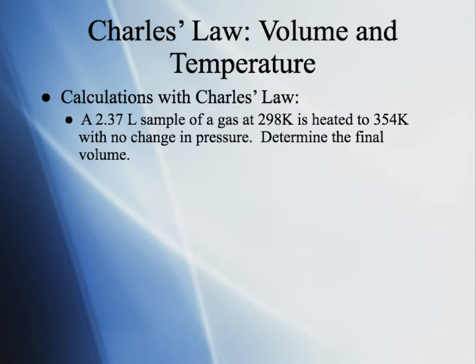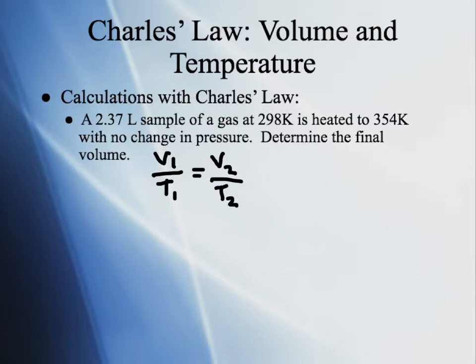All right, so let's take a look at calculating with Charles' law. So in the previous slide, Charles' law was V1 over T1 equals V2 over T2. Because if you increase volume, you're going to increase temperature. If you increase temperature, you will increase volume. All right.